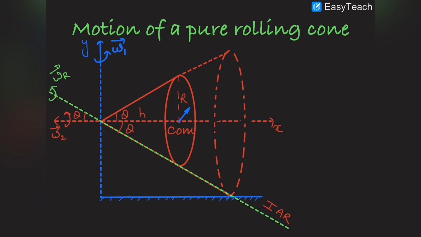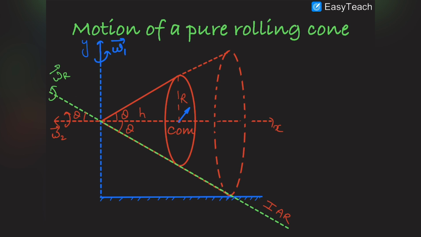And obviously we can see that the resultant of these two omegas would be along this IAR, and we can summarize the complete motion of this cone along the IAR using only the rotational motion approach.